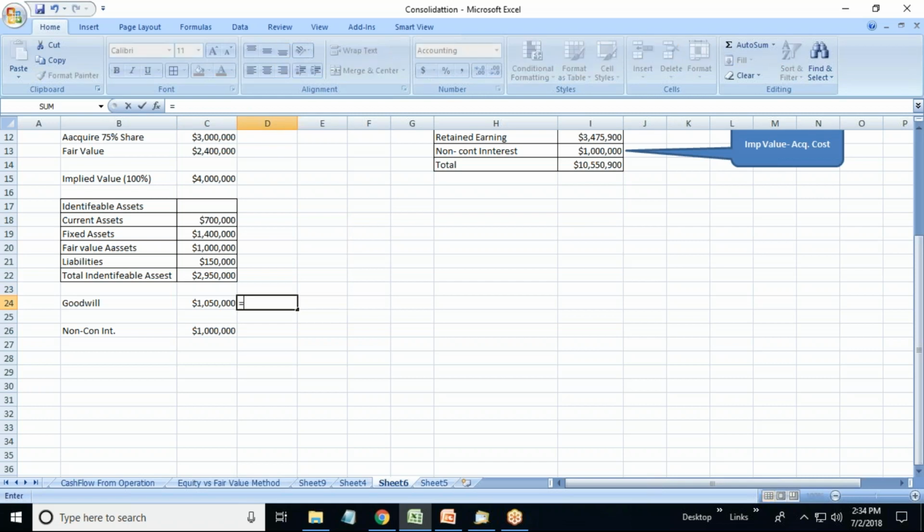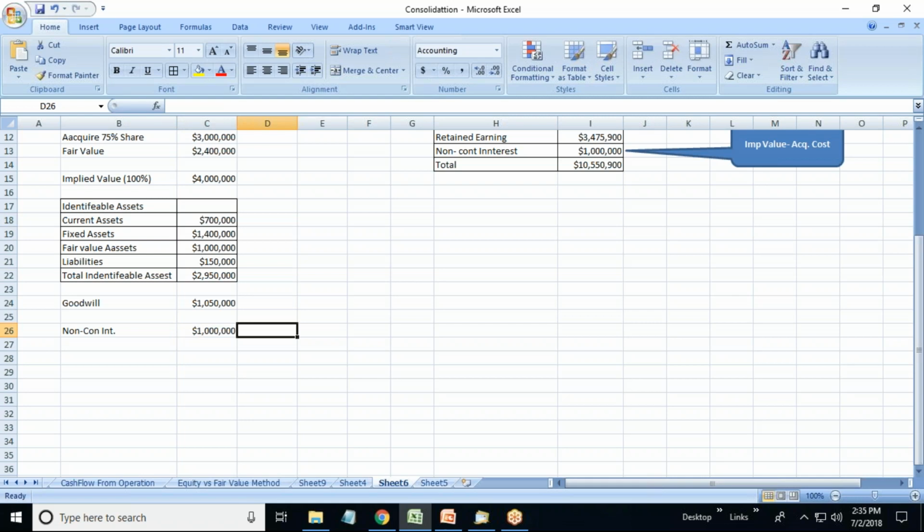To calculate the goodwill, we simply take the implied value minus the net identifiable assets, which becomes 1,050,000 as goodwill. We also need a non-controlling interest account in the balance sheet because we do not hold 100%. We hold only 75%, and other people own the remaining 25% stake.